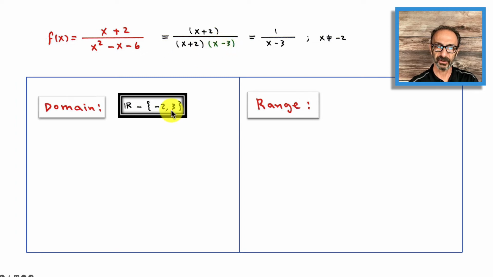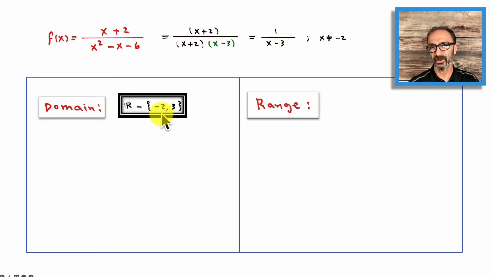At x equals 3 we can't, because that's going to be 0 here. That's a vertical asymptote. At x equals -2 we can't, because that's a common factor, which is a hole in the graph. So we do have a hole at x equals -2. We do have a vertical asymptote at x equals 3. These two values should be taken out of my domain.